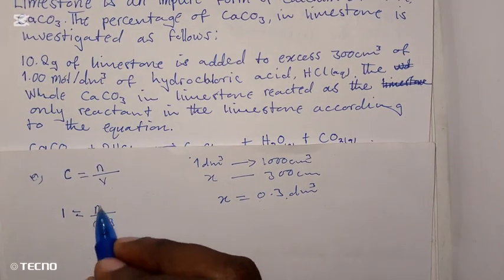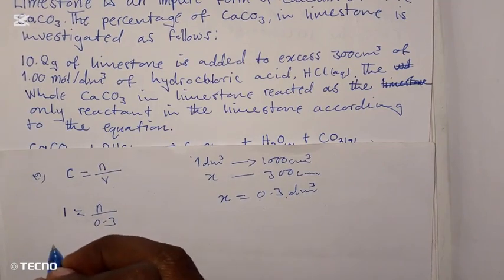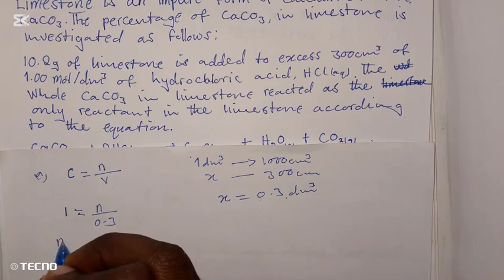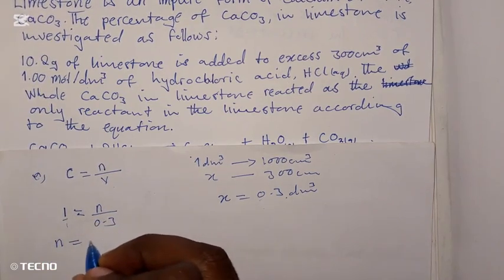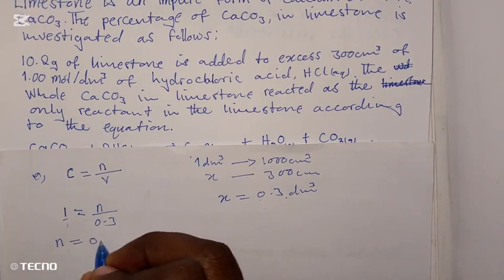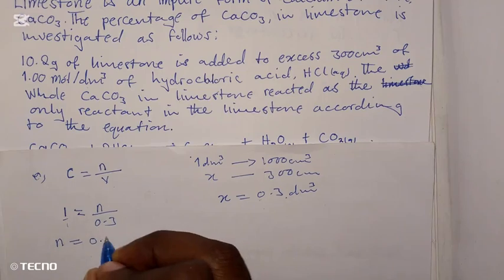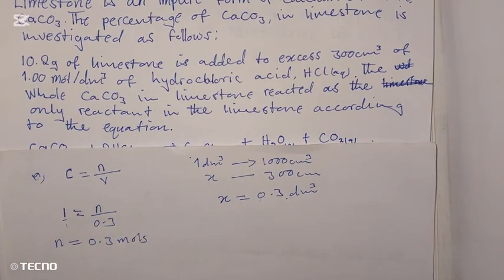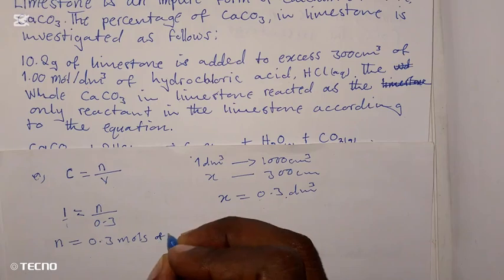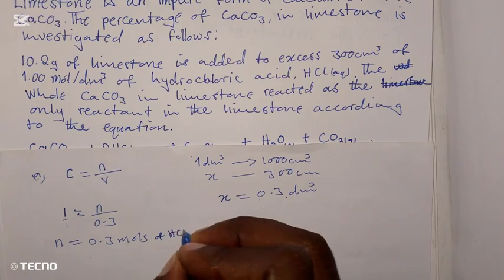So when we do the calculation here, we find that the moles of hydrochloric acid N is equal to 0.3 moles of hydrochloric acid.